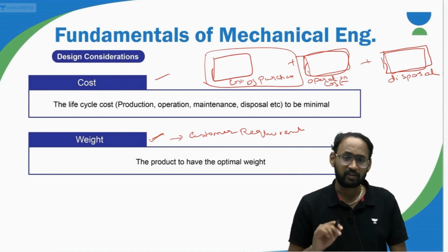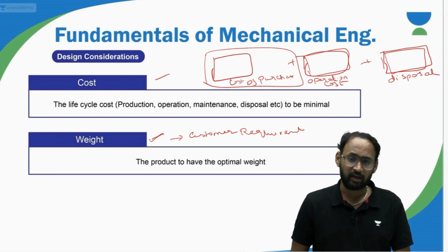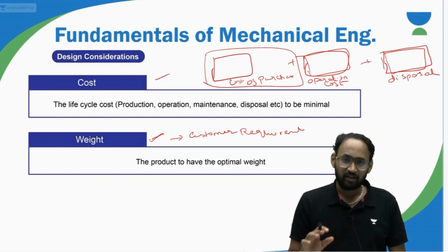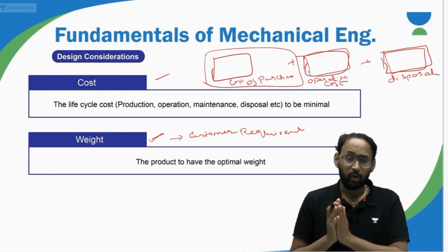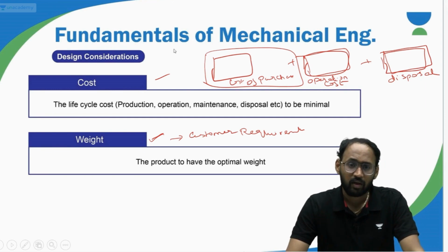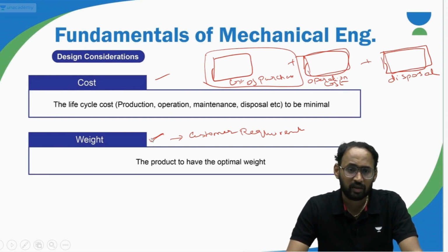Take an aircraft for example. You have to design the aircraft for a particular weight. So this is also a critical parameter which you directly get from the customer.